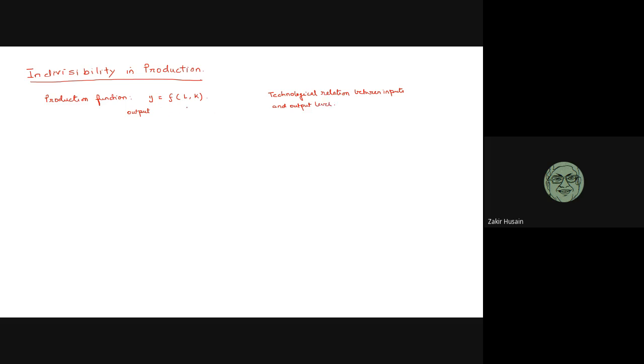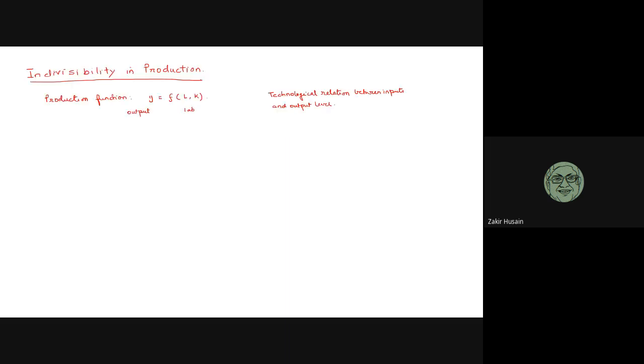So Y is output, L is labor, and K is capital, the two inputs. For simplicity, since we are going to study only functions with one input, I'm assuming that K is constant, so that output depends only on labor.